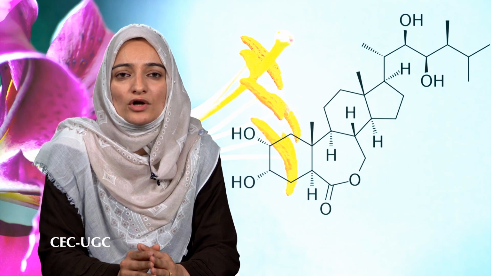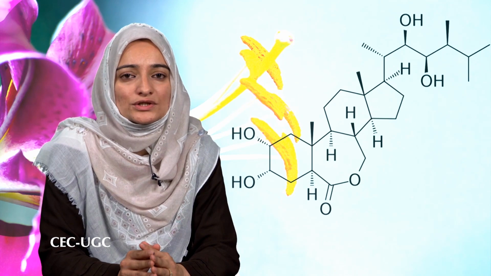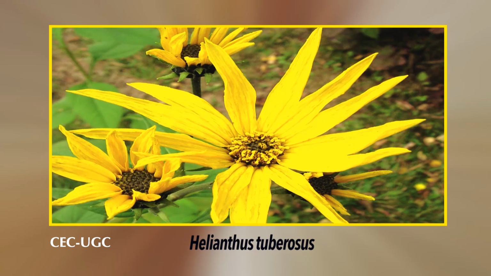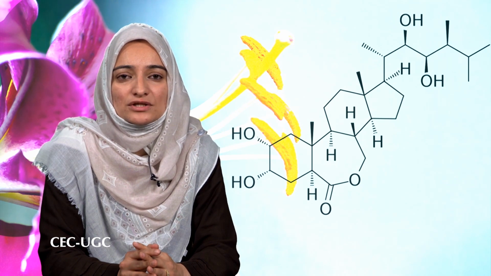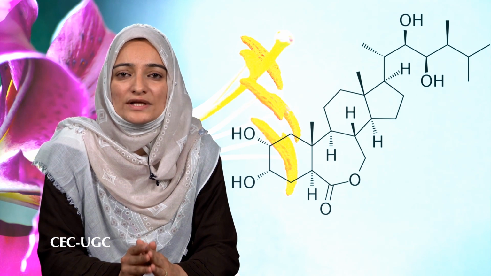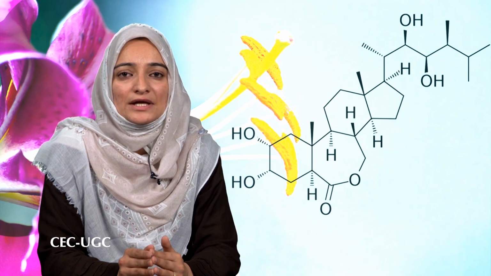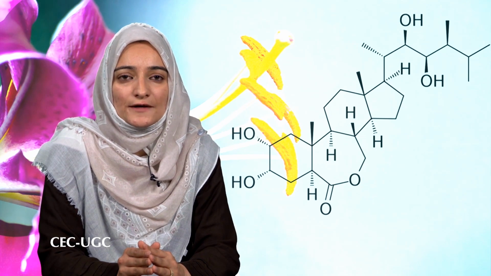The first report of a role for brassinosteroids in the differentiation of vascular tissues is that of Helianthus tuberosus. Cells transferred to the xylem differentiation medium in the presence of auxin and cytokinins will differentiate into xylem elements in 72 to 96 hours. Very few vascular elements develop in the first 24 hours following transfer into this medium.